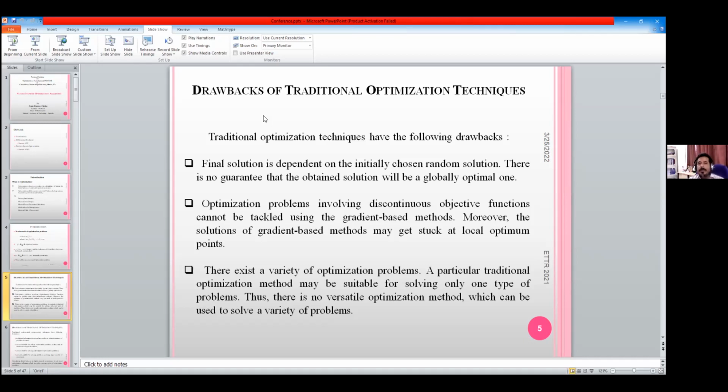For this type of problem, there was no universal method by which you can solve all such problems. So then, drawbacks.